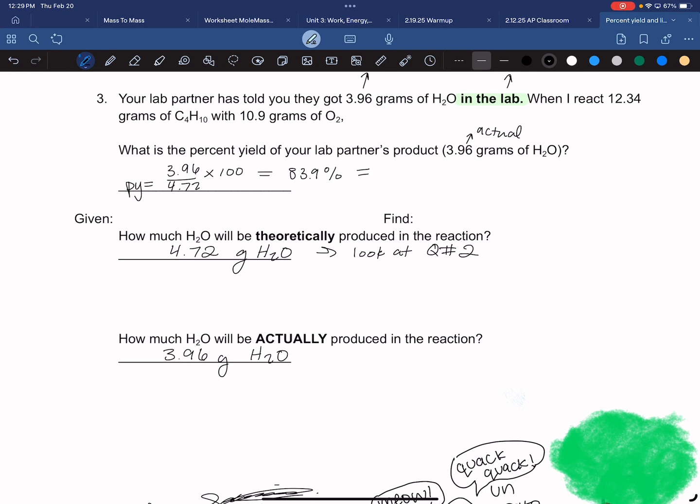So I like to round it to 1 decimal place, but feel free to round it to at most 2 decimal places. All right, that's your answer.